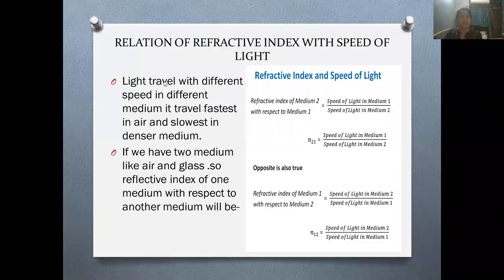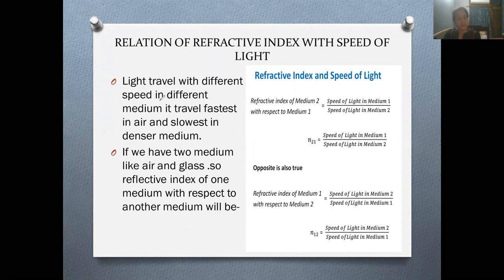Now, relation of refractive index with the speed of light. How will we calculate the refractive index with the speed of light? The light travels with different speeds in different media, because different media have different densities, and the speed of light changes as the light travels from an optically rarer medium to an optically denser medium.